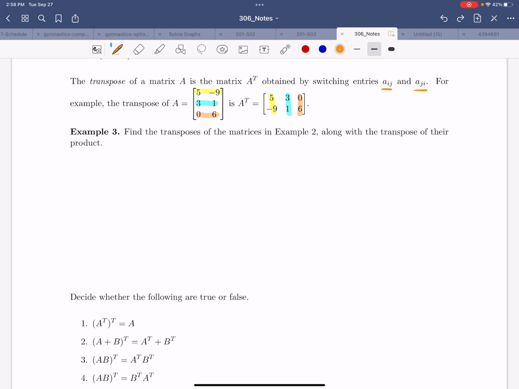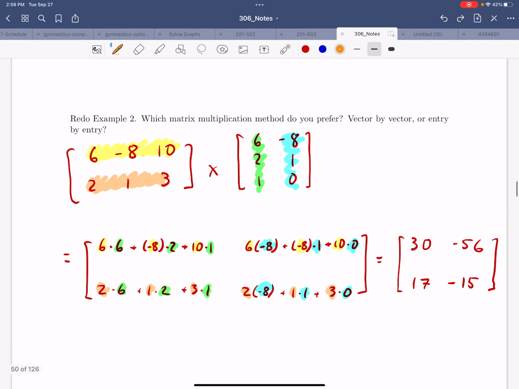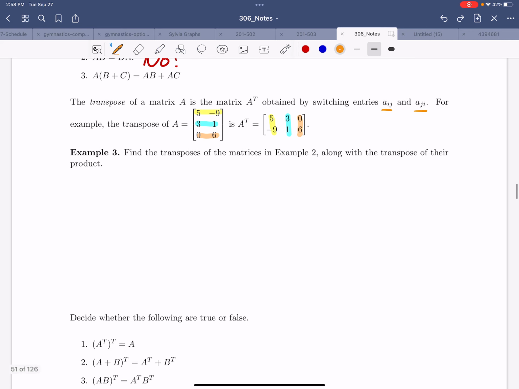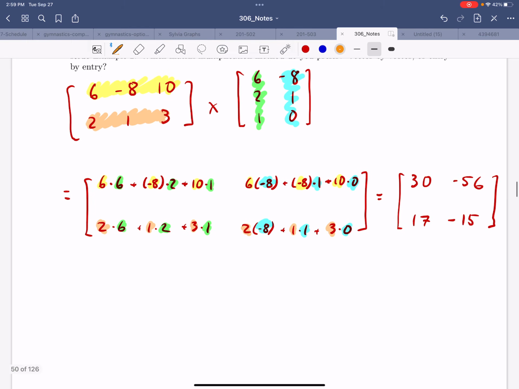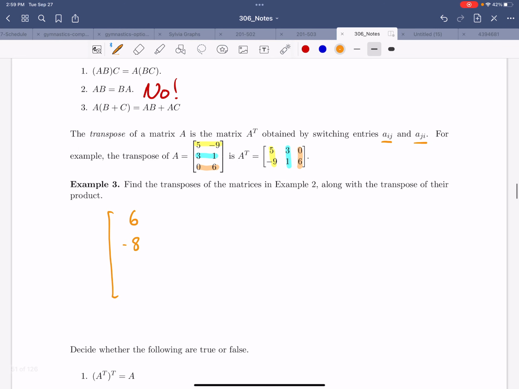Okay. So for example, the transposes of the matrices in example 2. If we take a look at those, then we see that the first one is, I think it was 6, negative 8, 10, 2, 1, 3.